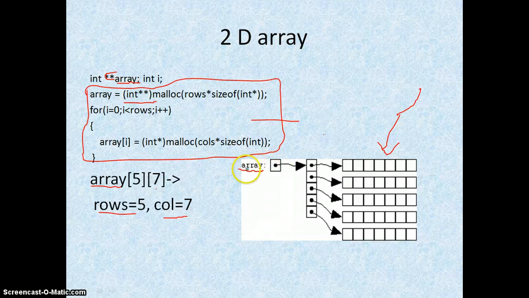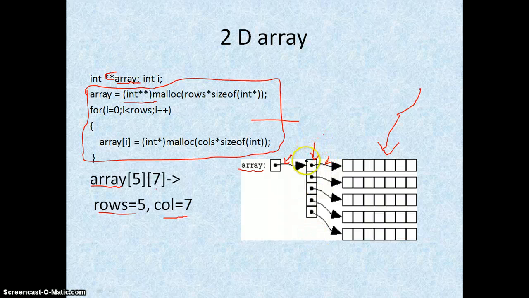How can we visualize this array? It is a pointer to a pointer. Look at this arrow. We have two arrows when we come over here. Array is a pointer to a pointer. It is also an array which stores only pointers: one pointer, second pointer, third, fourth and fifth.